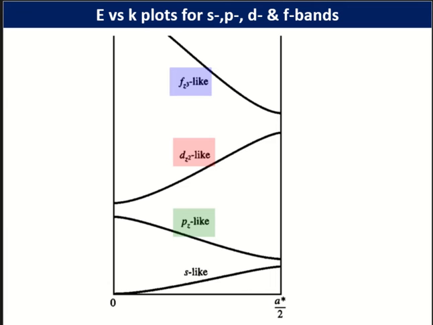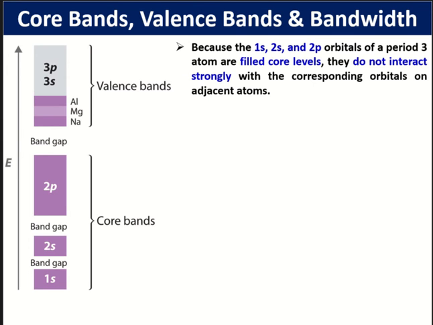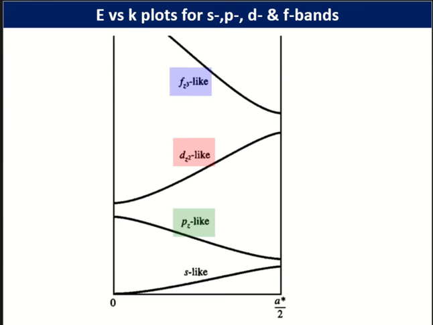So you can see that for gerade and ungerade atomic orbitals, the profile is different like this. So S, P, D and F. If you draw the complete profile, you will draw another reverse parabola on this side like this. So this kind of band: S band, P band, D band, F band.